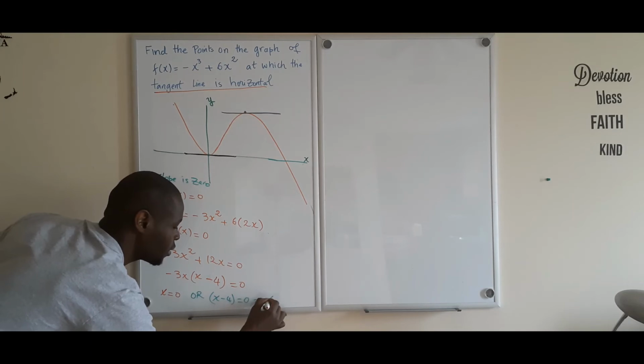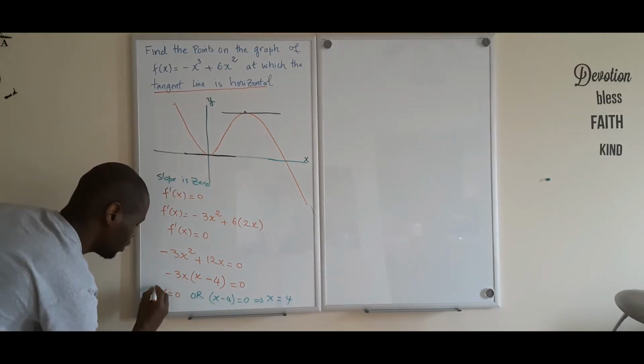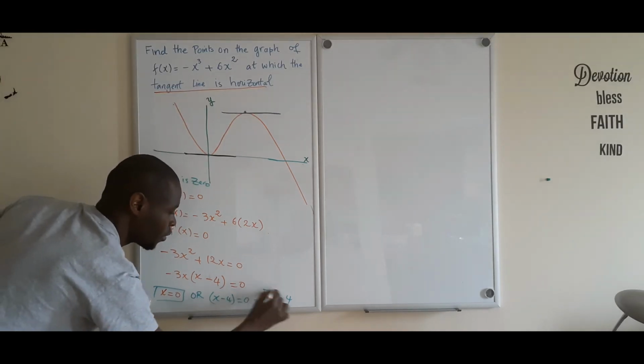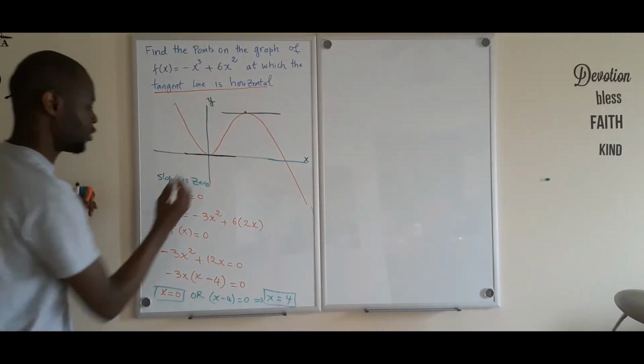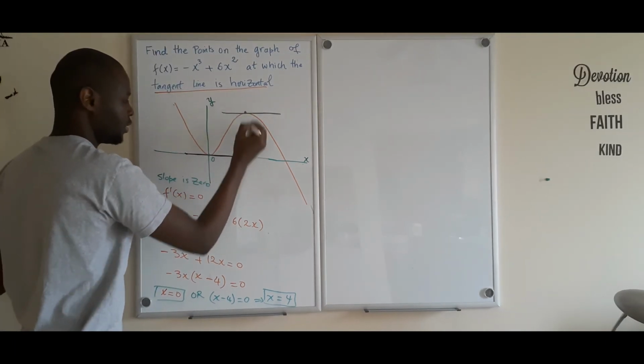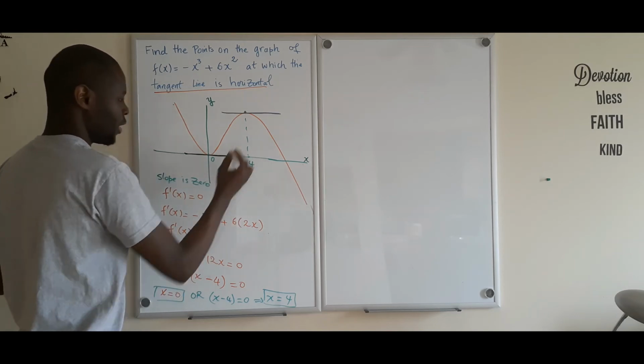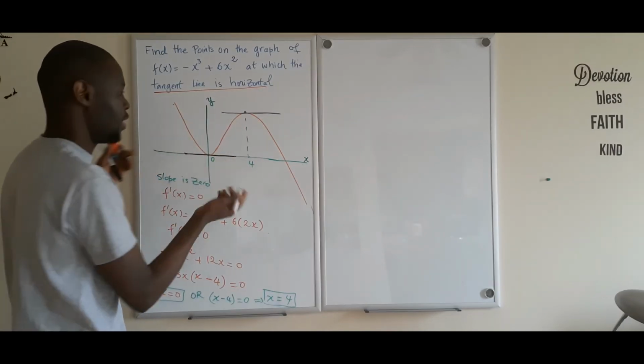This means x equals 4. This will give us 2 points on the graph where the tangent line is horizontal. So x equals 0 and x equals 4. Now you can find the corresponding y value, right?